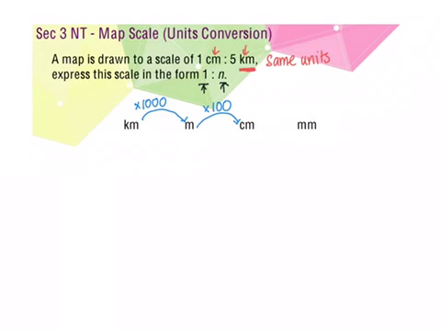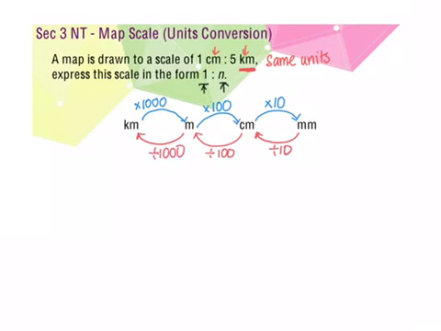Now 1 cm is actually 10 mm. To convert from cm to mm, I'll need to multiply by 10. If I were to do the other way around, where I want to convert millimeter to cm, I will need to divide by 10. cm to meters, that will be dividing by 100. Meters to kilometers, it will be dividing by 1,000.